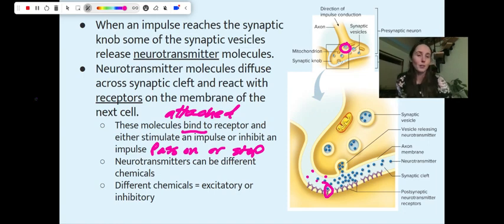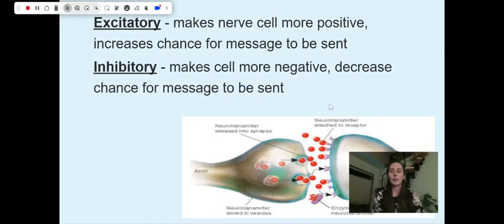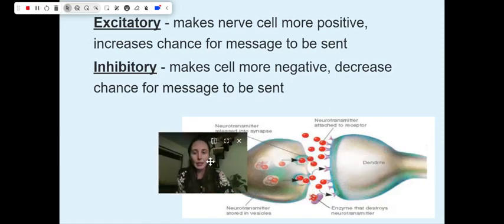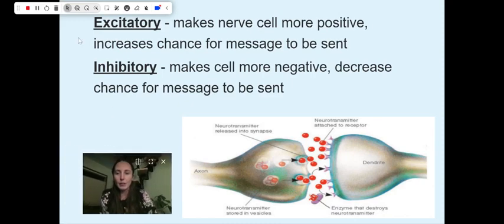Neurotransmitters can be different chemicals, and those different chemicals bind in different ways, which is going to give us different behaviors and different communication. So one thing to be aware of here is that neurotransmitters do one of two things. They are either going to excite the cell or make it more positive, or they're going to inhibit the cell and make it more negative.